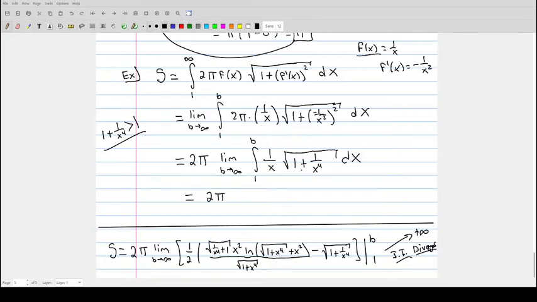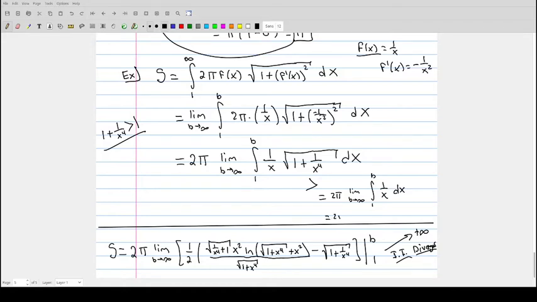Using the fact that 1 plus 1 over x to the fourth is always greater than 1, we can say that this improper integral for the surface area will always be strictly greater than 2 pi times the limit as b goes to infinity of the integral from 1 to b of 1 over x, because 1 plus 1 over x to the fourth is always greater than just the constant 1.